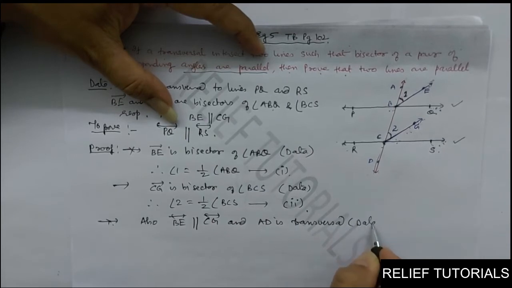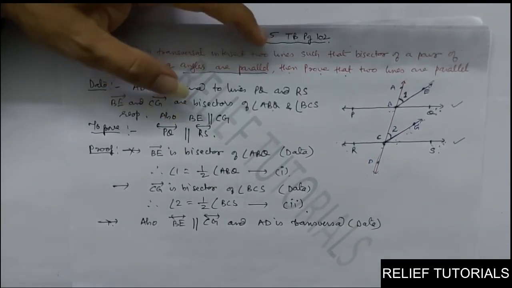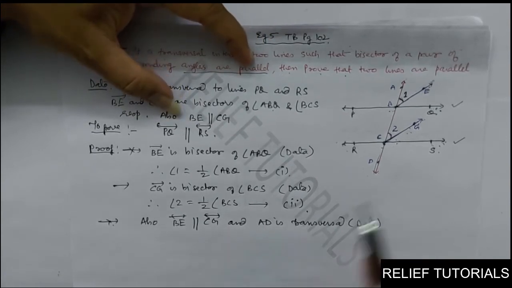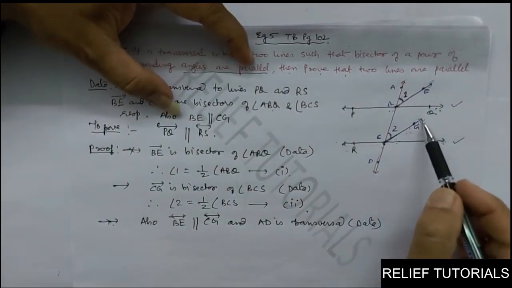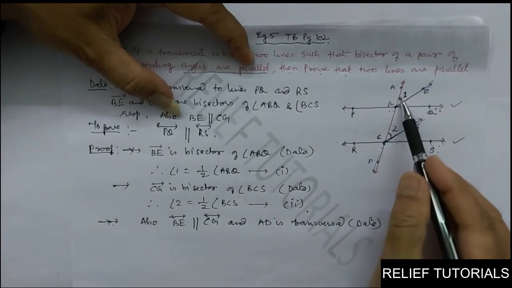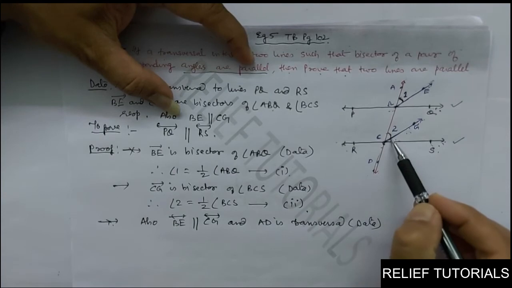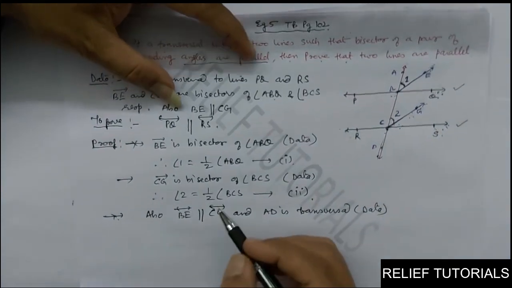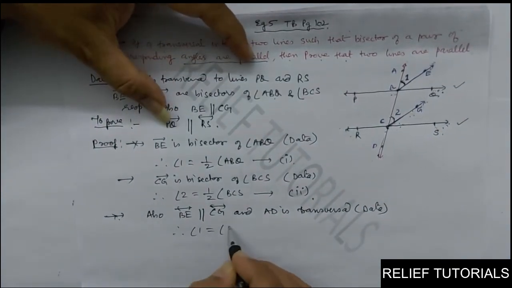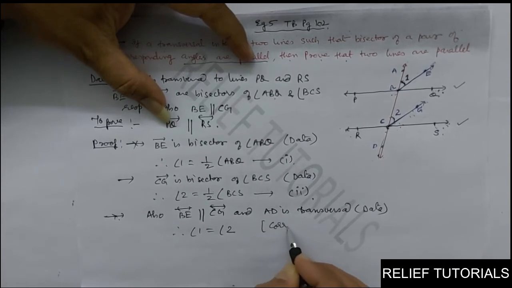This is also from data. So all results we are deriving from data. Touching the transversal and the parallel lines, they are equal. So I can write therefore angle 1 is equal to angle 2. Reason: corresponding angles.